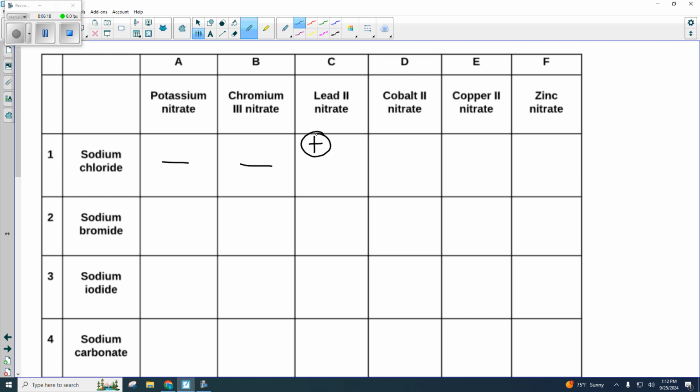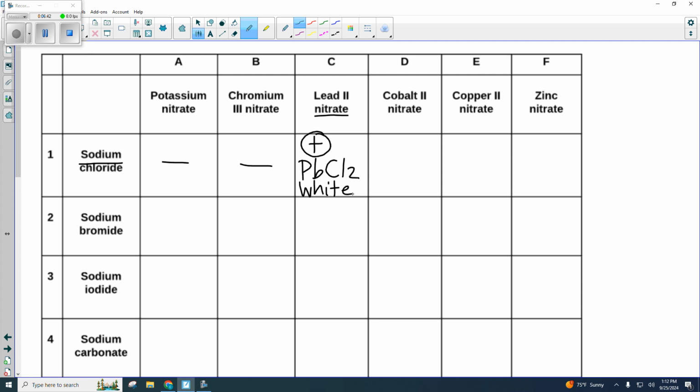We understand that it's going to be sodium nitrate with lead 2 chloride. Well, sodium and nitrate, like I just showed you, is always going to be soluble. So it's the other anion that's responsible for the precipitate. So lead 2 chloride is PbCl2, and it also said to write down the color. And for this one, you are going to get a white precipitate.